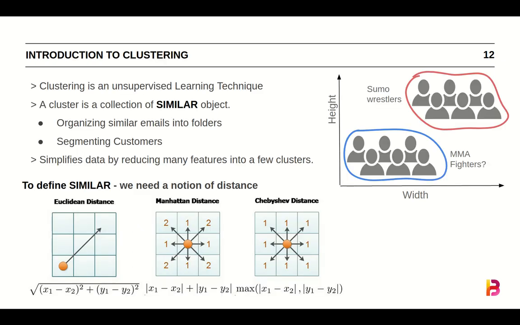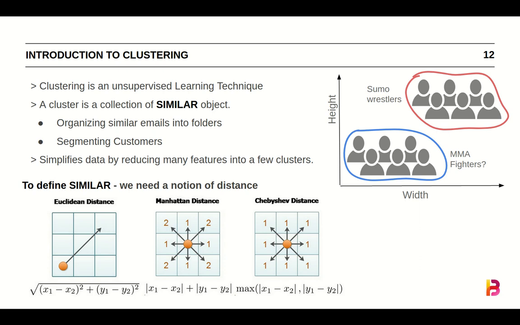Clustering is an unsupervised learning technique. A cluster is a collection of similar objects. Understand that given any data set, the columns represent multiple features and the rows represent multiple observations.